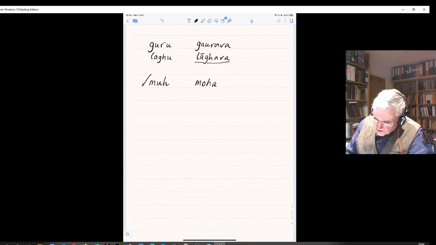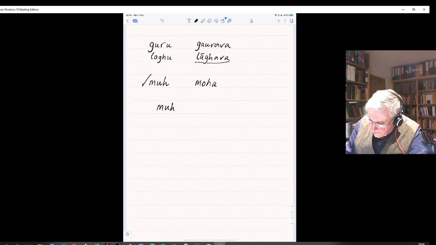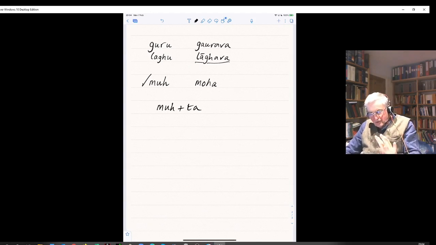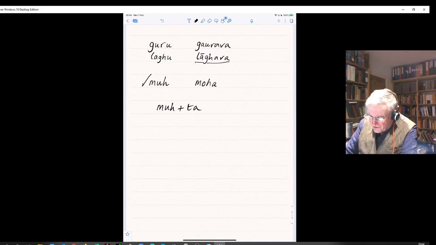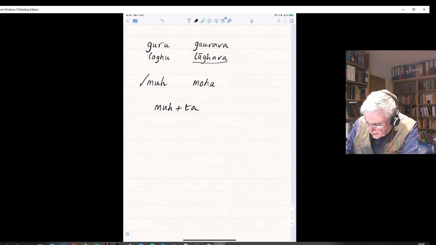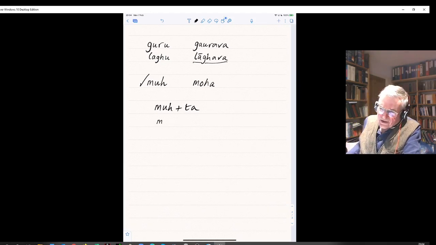Now, to make the past participle from muh, meaning deluded, you add the ta. Muh, ta. Okay, so far so good, but that doesn't quite work because there is sandhi to be applied, internal sandhi. You can't have a consonantal h followed by a ta. H behaves in a funny way when it's the last consonant in a root.